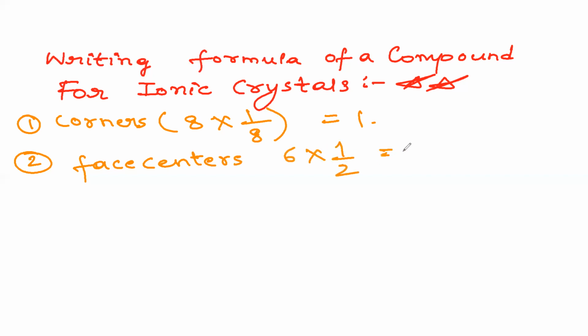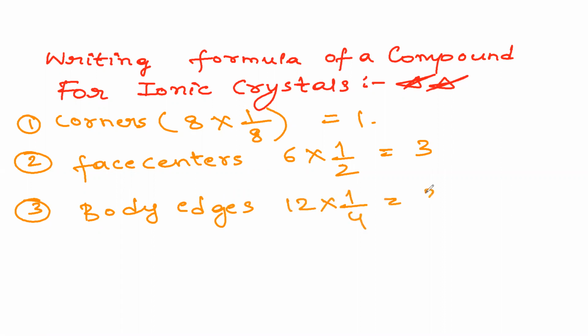Suppose a substance is present at the body edges. We have 12 edges, and at the center of each edge, 1 by 4th of an atom is contributed. So 12 into 1 by 4 is equal to 3.